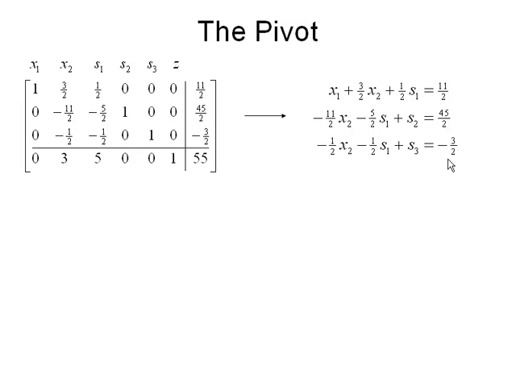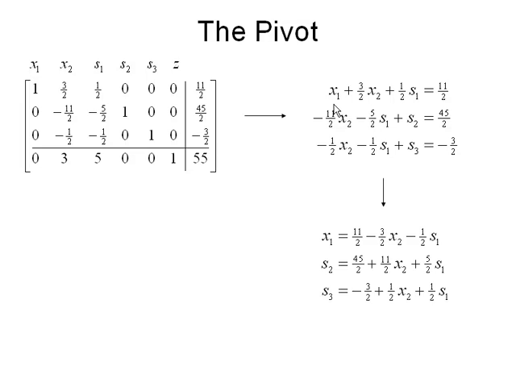Remember, I have two variables that are going to be parameters. It's easy to solve for x sub 1, s sub 2, and s sub 3 because those were our basic variables. So in these three equations, I'm going to solve for the basic variables.